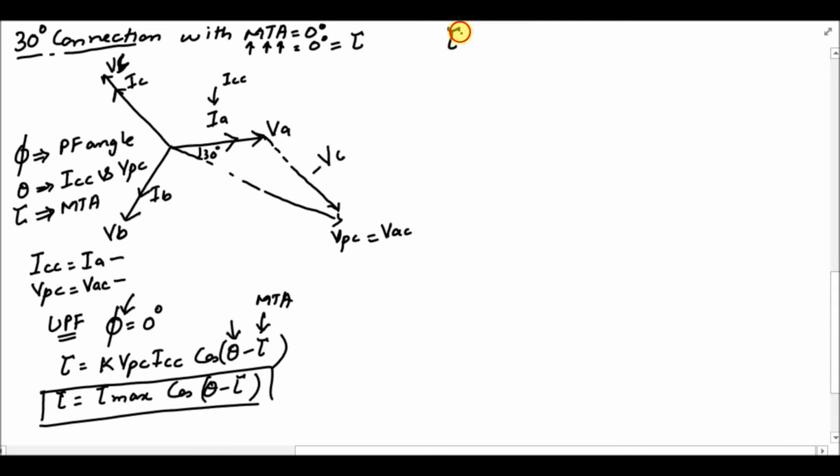Now at unity power factor, torque max cos(theta minus tau) will be dependent on the value of theta as well as tau, right? And the angle theta in this case will be equal to 30 degrees, because the angle between IA, which is ICC, and VPC is 30 degrees, and we already know that tau is equal to 0 degree.